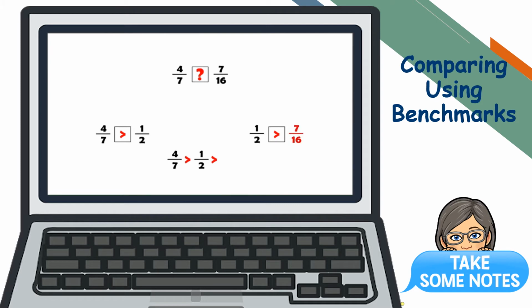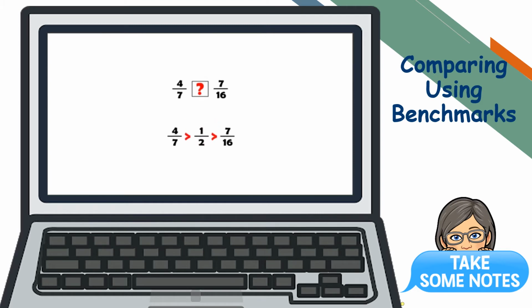It seems that 7/16 is the smallest fraction here. So you can put 7/16 after 1/2 in the set. This is our final order. We start with 4/7, then 1/2, then 7/16.